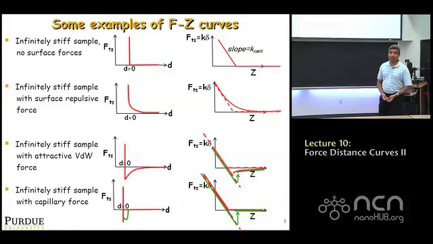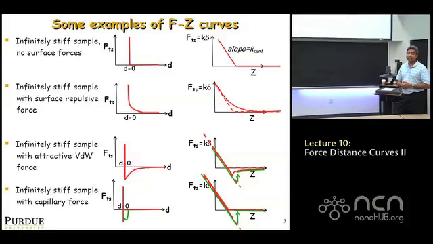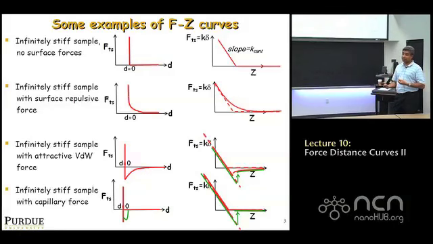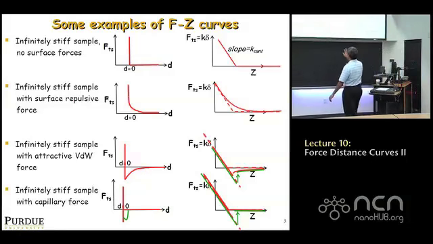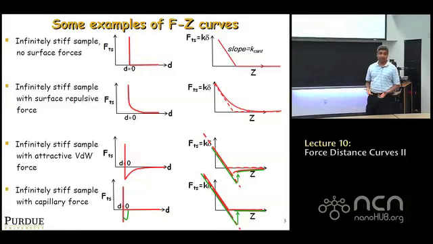This is what I mean that you can have two different FDs that give you the same FZ effectively. And this is where you have to use your experimental knowledge to say that, well, I did my experiments in 0 relative humidity, so this is completely ruled out. So if I do get a hysteresis there, it must be due to van der Waals forces. If you don't use your experimental knowledge to sort it out, you cannot tell the difference, what caused the hysteresis, okay?